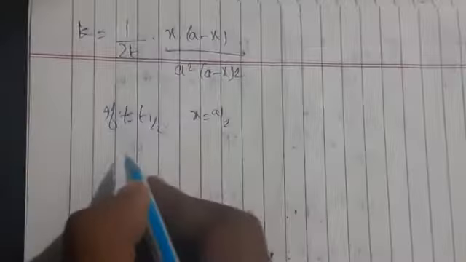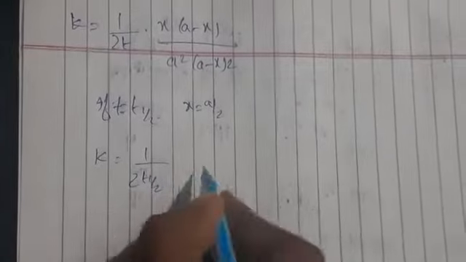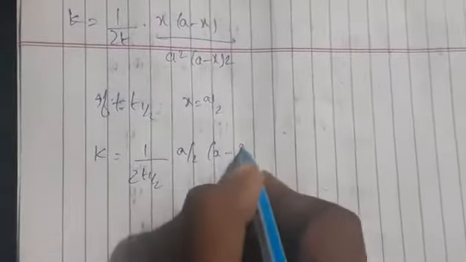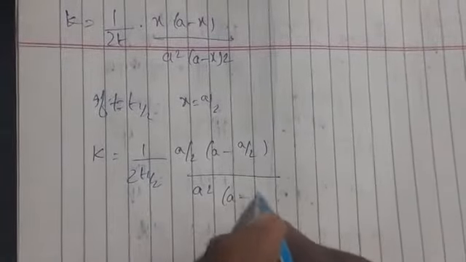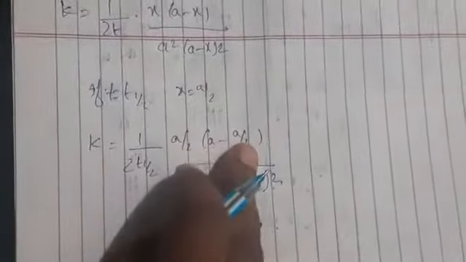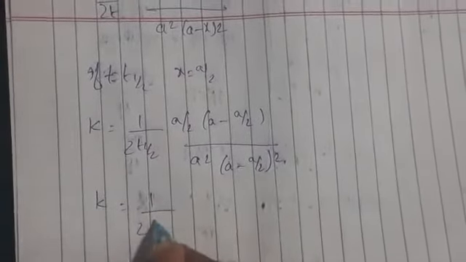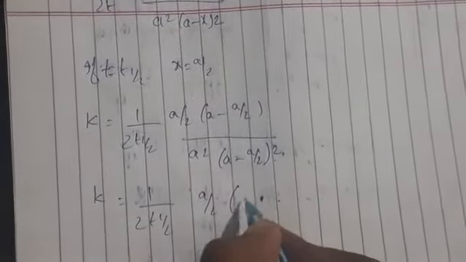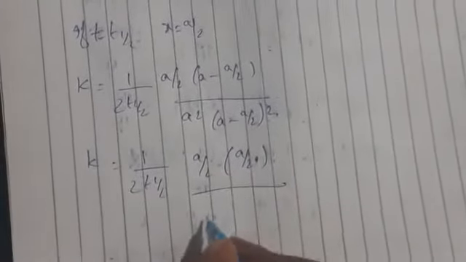Then the equation will be k is equal to 1 by 2t half, a by 2 into (2a minus a by 2) divided by a square into (a minus a by 2) whole square.